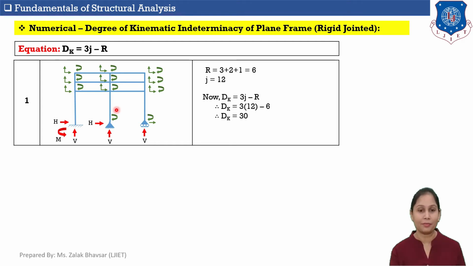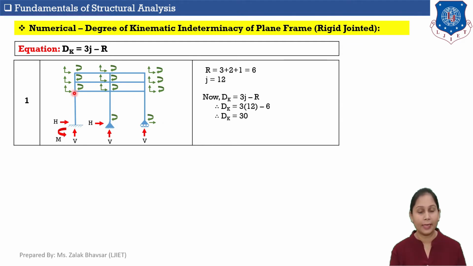Now let's verify our answer from the figure. So we already discussed that at a fixed support there will be no displacement and at the hinge support there will be one rotation possible. And in case of roller support, two types of displacement are possible: horizontal displacement and rotation.